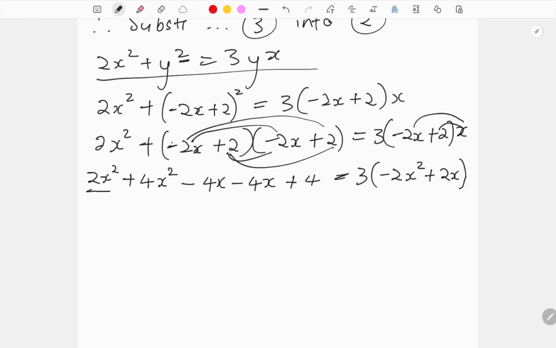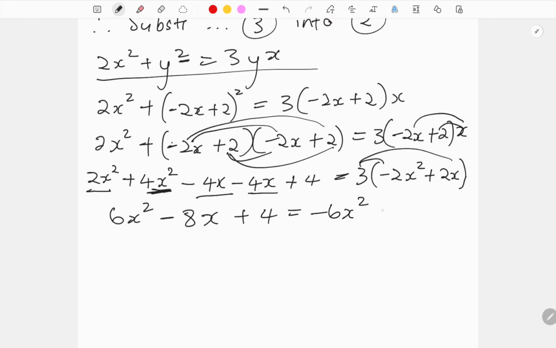So like terms: 2x squared and 4x squared give you 6x squared, minus 4x minus 4x gives you minus 8x plus 4. And then on that side you have to multiply this 3 by everything inside the bracket, and then you are having minus 6x squared plus 6x.